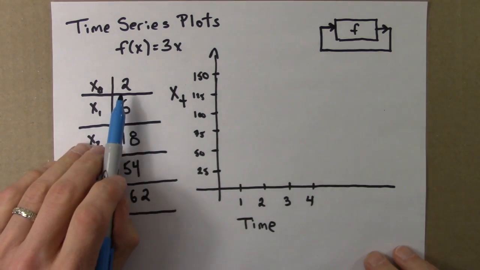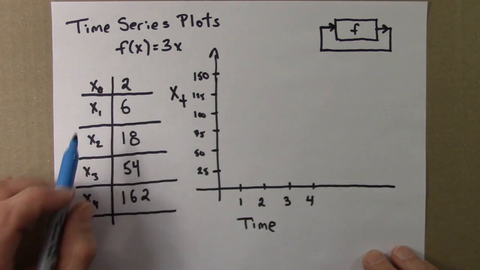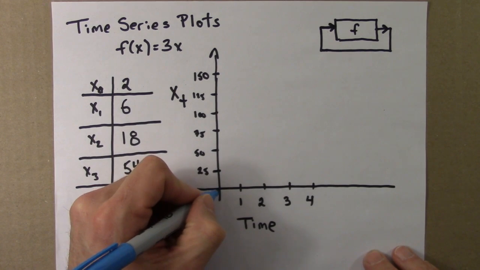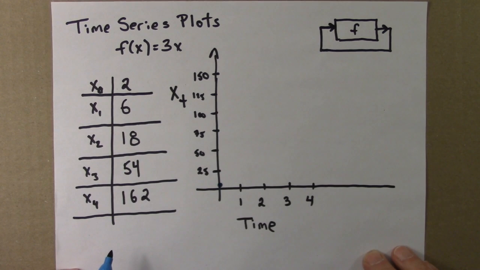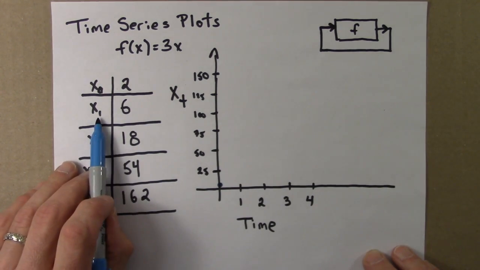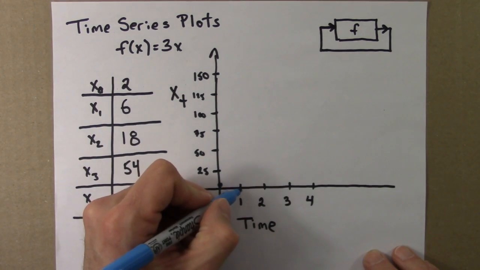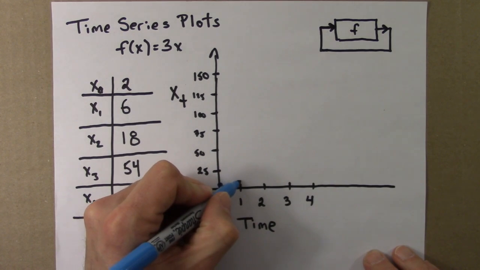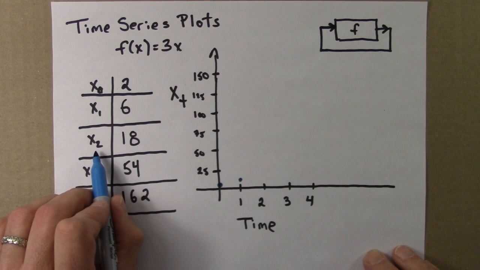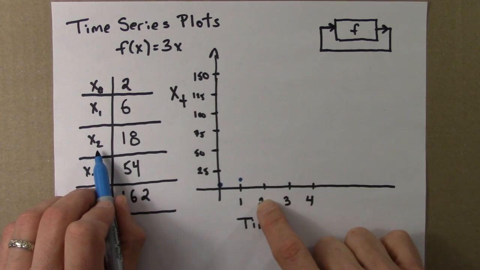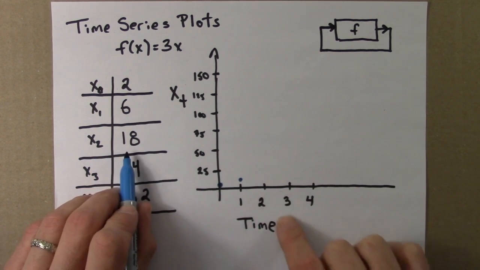My initial condition, my seed, is 2. So my initial value, t is 0, I'll plot close to the origin, around 2. The first iterate is 6, so I'll go up here to around 6. The next iterate, when the time is 2, the iterate is 18.